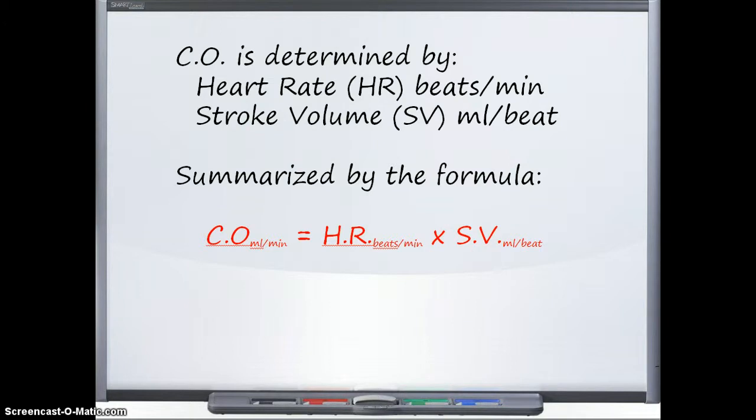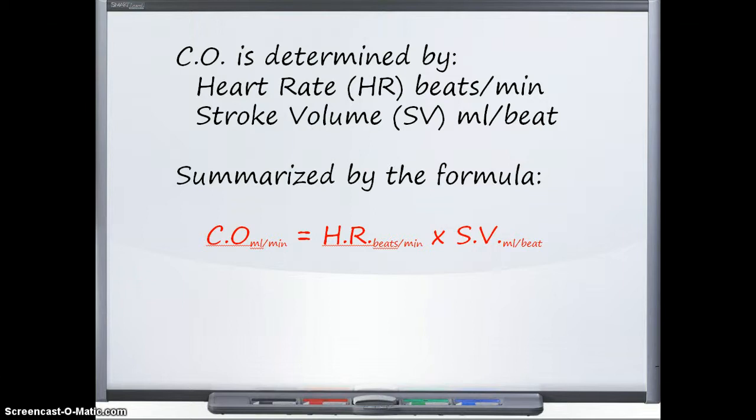Cardiac output, the volume of blood the heart pumps each minute, which we said is about 4,900 milliliters per minute, is really determined by two things. The heart rate, that is, how fast does the heart beat, and the stroke volume, how much blood does the heart pump out each time it beats.